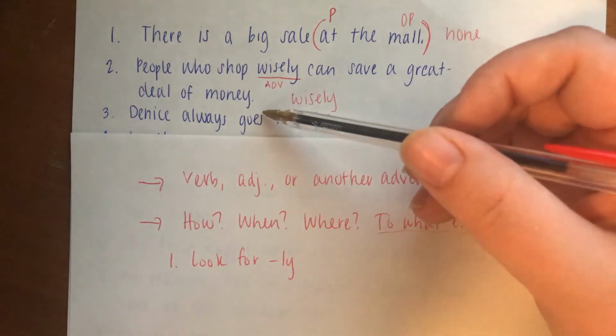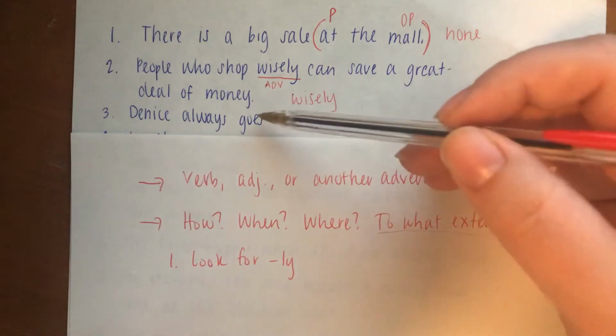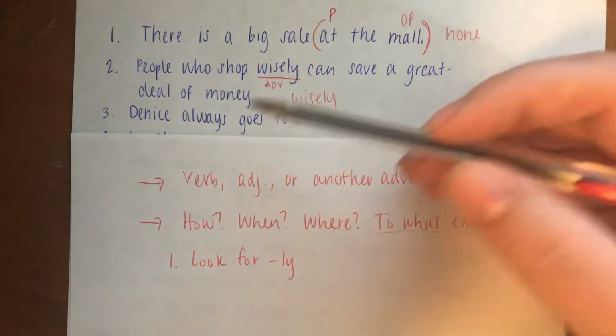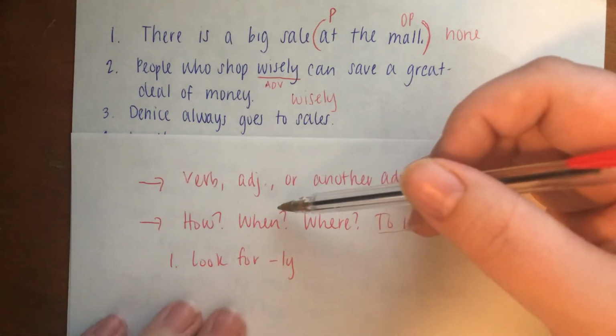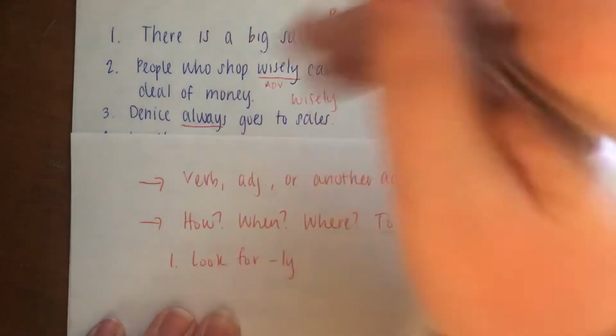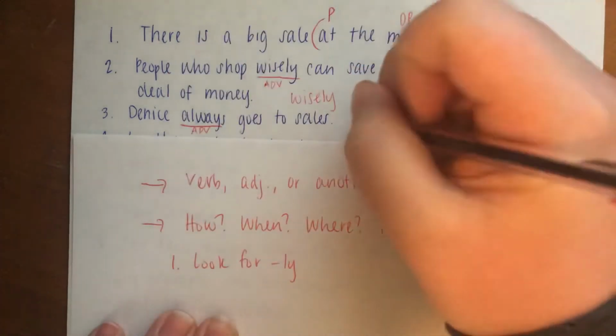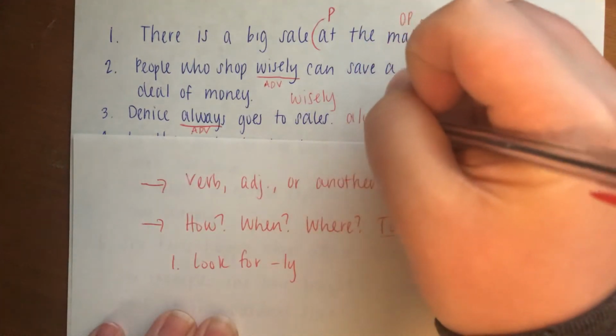Goes is our verb. So then we ask ourselves the 4 questions. Can we answer goes how? No. Go how doesn't exactly get answered here. Go when. She goes when? Always. She always goes. So always is our adverb and it's modifying goes.